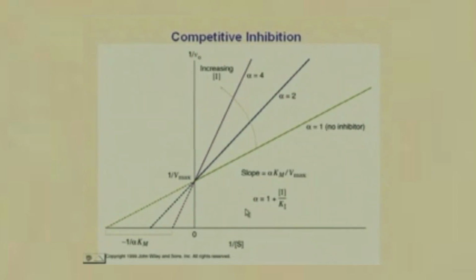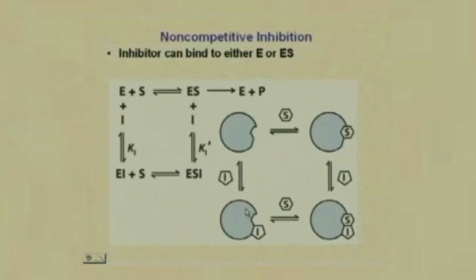This is a type of reversible inhibition. Now we do non-competitive inhibition. What is the difference here? The inhibitor not only binds to the enzyme, but also binds to the enzyme substrate complex. So it is not competing for the same site. Okay? It is rather binding to a different site.